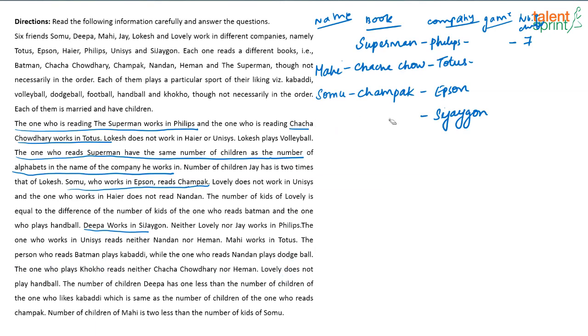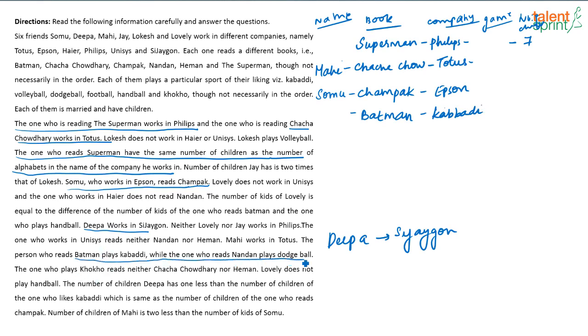Okay, let us just keep this here. See, Deepa is working in CGL, right? I am just keeping it aside. What is given here? The person who reads Batman plays Kabaddi. So Batman plays Kabaddi, and the one who reads Nandan plays dodgeball.